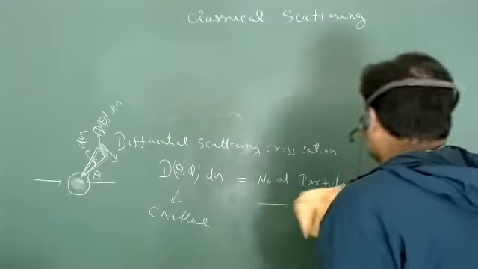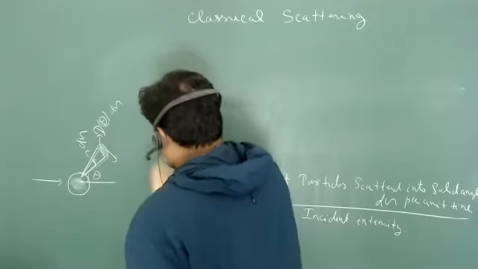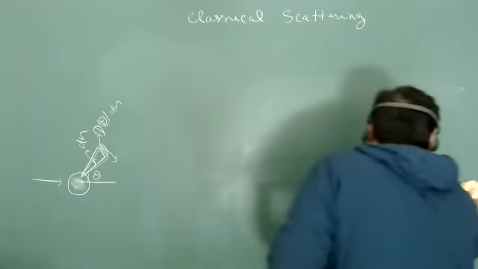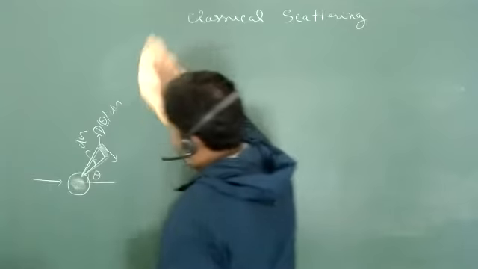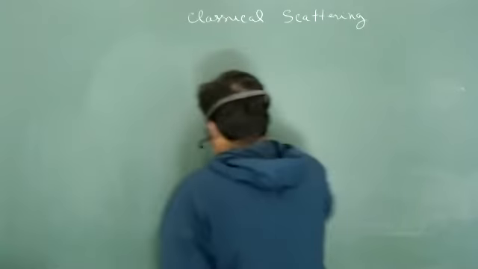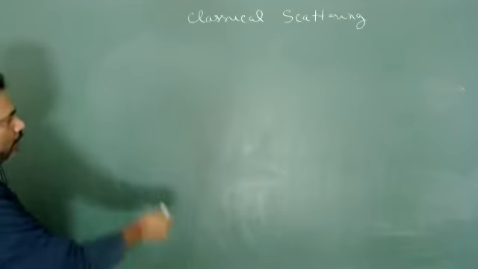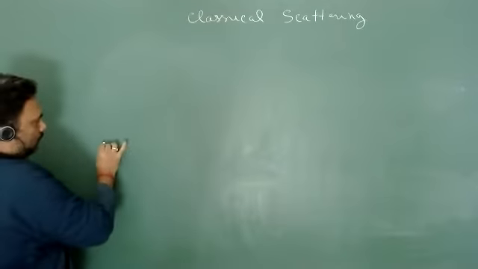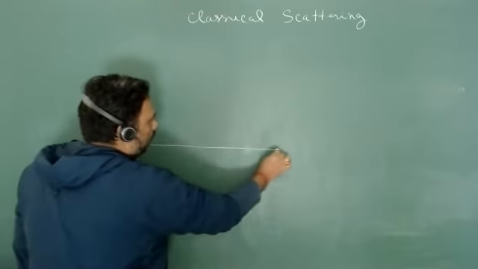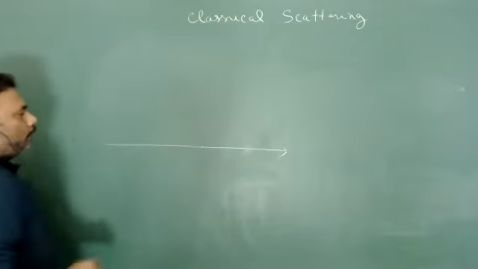Let's see, one by one everything will become clear. Now look at what is going to happen. Suppose this is my line of action, and let's say this is my z axis. So I am sending the particle through the z axis, and here is the source of your potential.